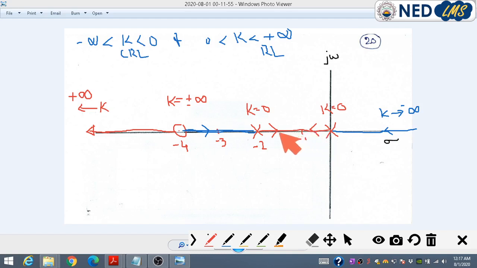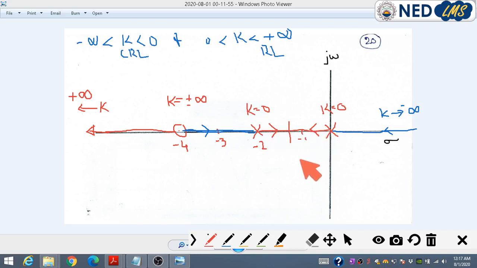It means these two branches will meet at some point, and then definitely these two branches will depart in order to cover their positive infinity. This branch should depart at some point on the real axis where K is maximum with respect to the existing values of K on this particular portion of the real axis.